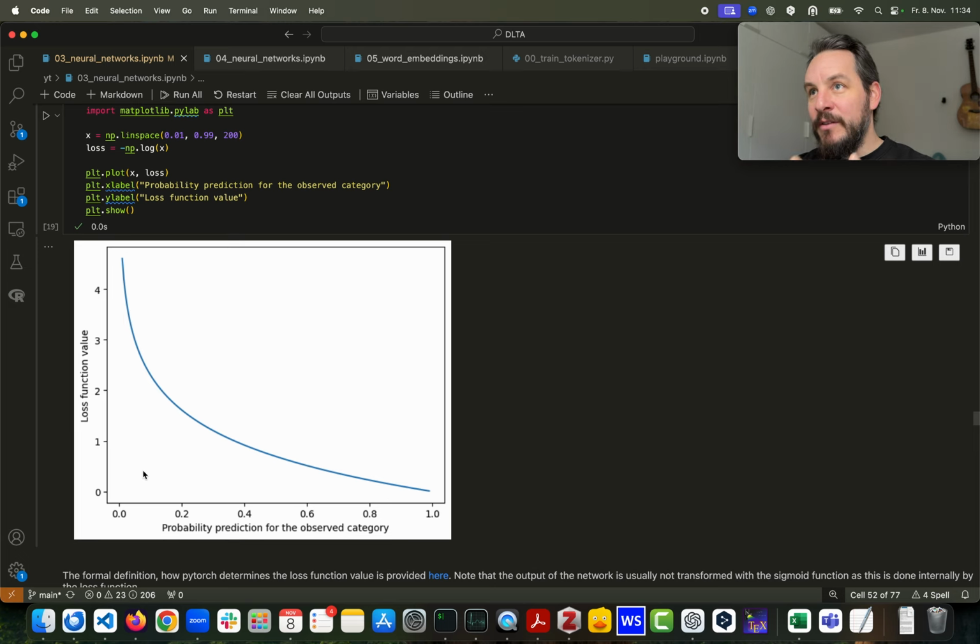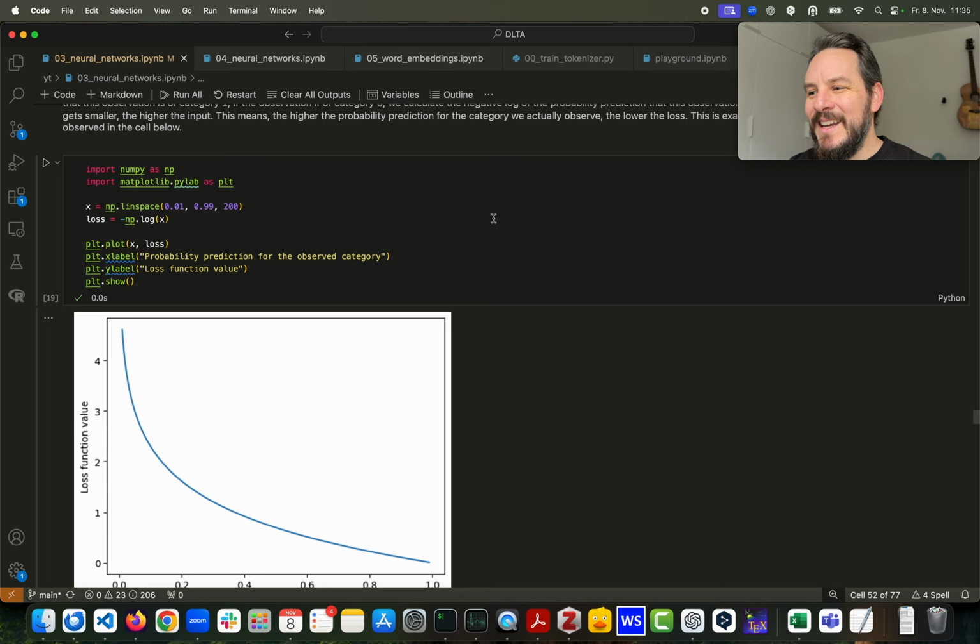It's the other way around if the probability prediction is small for the actual category, because a model that understands the relationship gives you high probabilities for the categories that you actually observe, right? I hope this makes sense if one just hears it like this. But basically that is it.